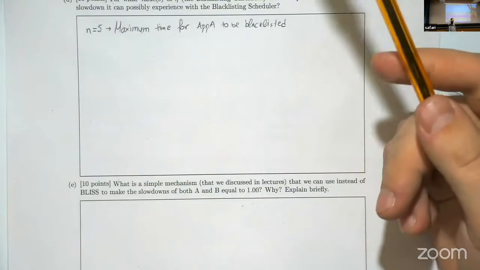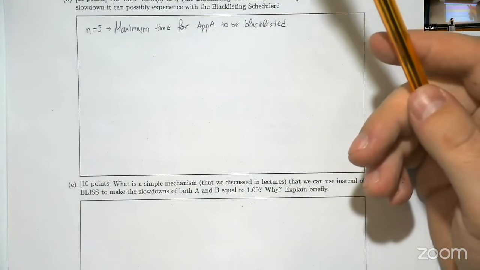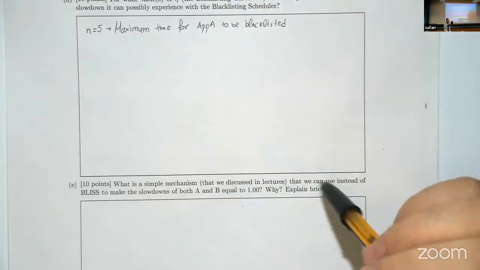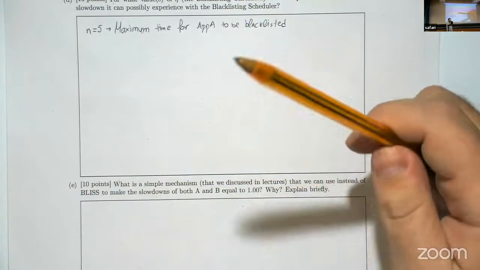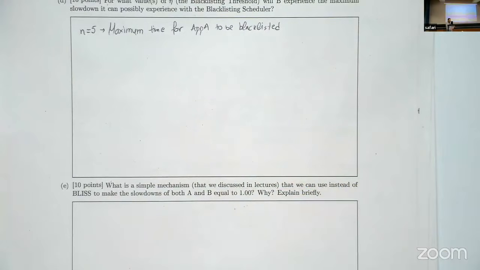If both banks want to send commands to the DRAM channel, what will happen? Will they see interference of 1.00? If they contend for the channel, right? Is there a chance that the slowdown is going to be 1.00? Yes, exactly.